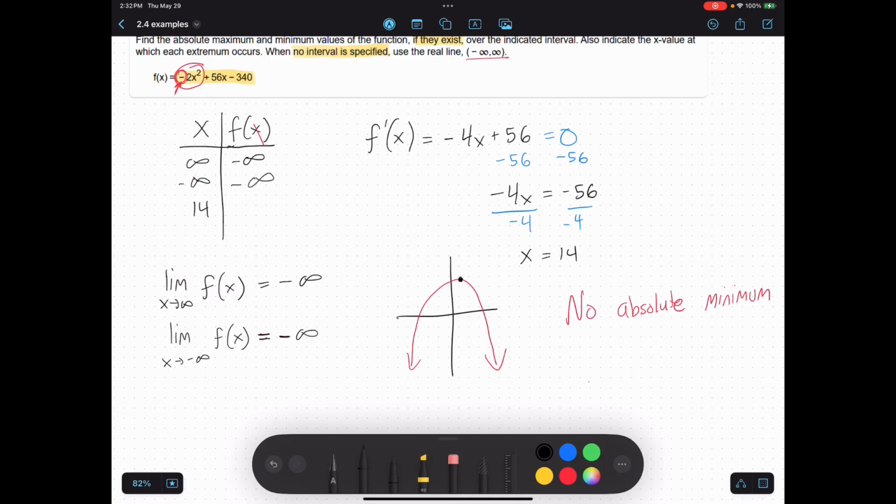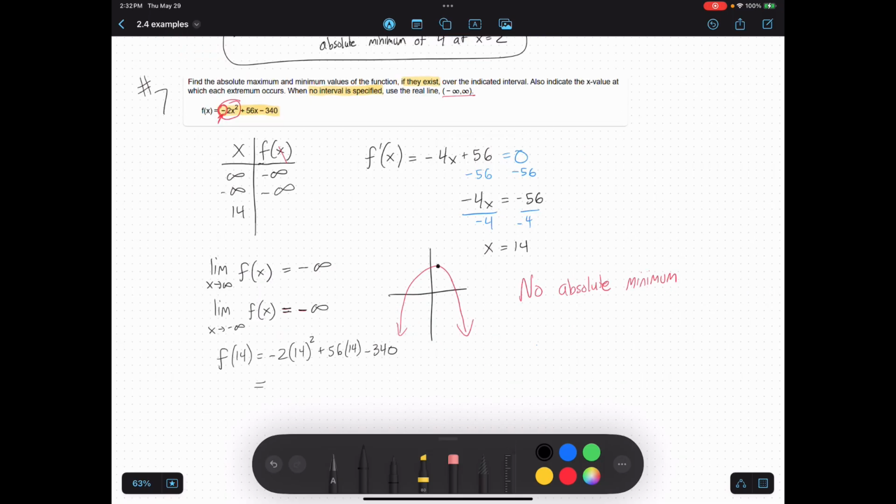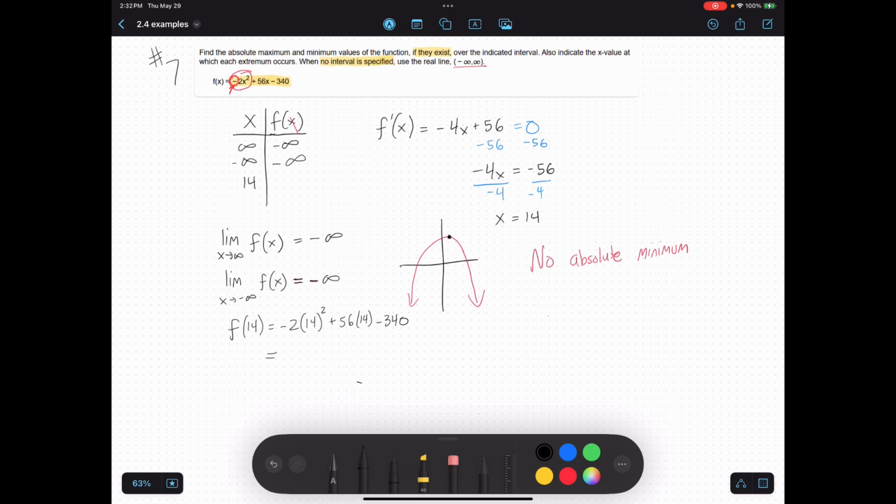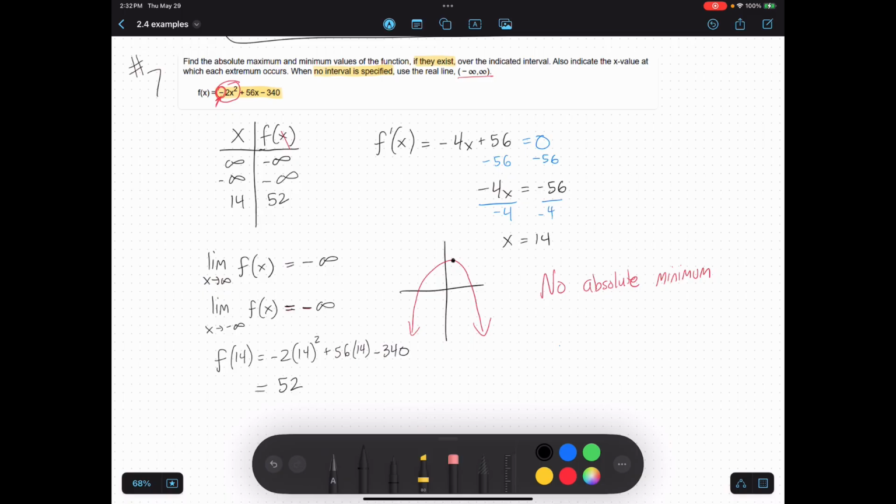So, what's f of 14? When I plug 14 into my function, I get positive 52. So, there's your absolute maximum. Absolute maximum is occurring at your critical point because that's the vertex of your parabola. There's an absolute maximum of 52 at x equals 14.